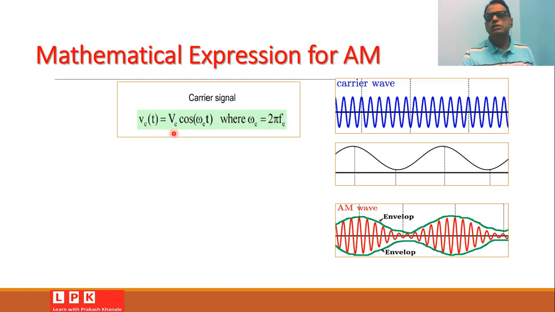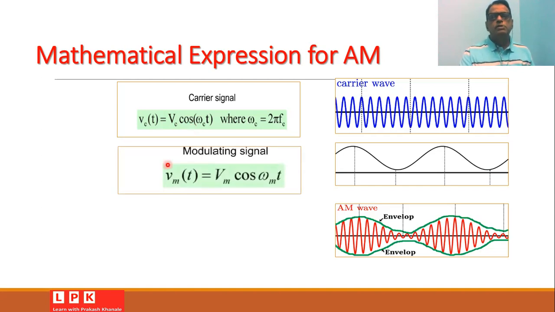Capital Vc is the maximum amplitude of the carrier signal. ωc is the angular frequency of the carrier signal, which is given as ωc = 2π fc, where fc is the linear frequency, and t is the time. In this expression, we have taken the cos term because when we take the cos term, the steps become easy. It is also possible to take the sine term and obtain a similar expression.